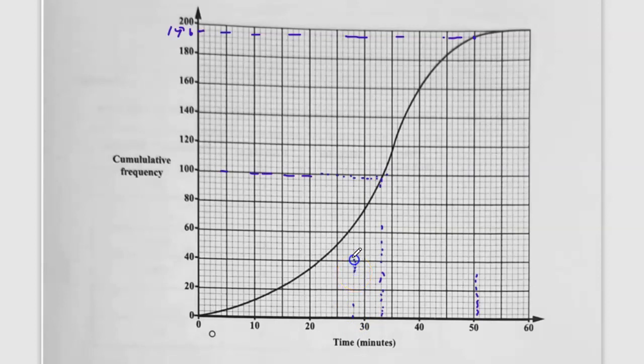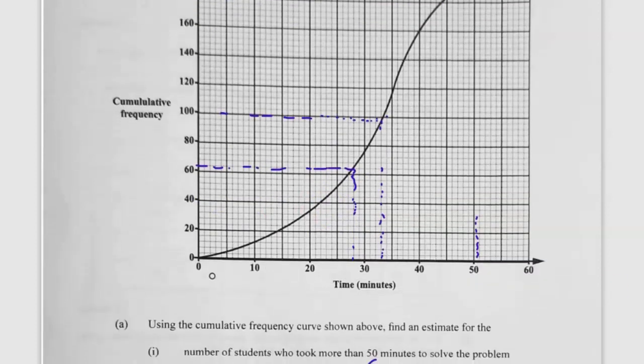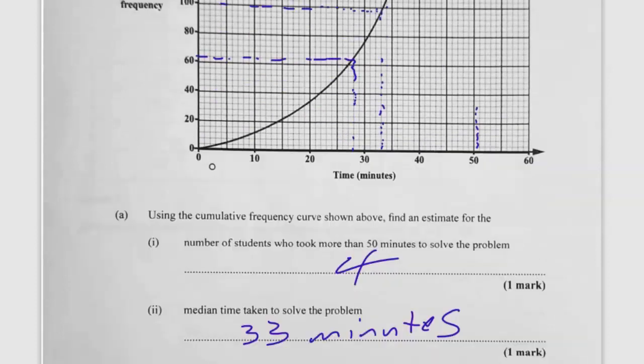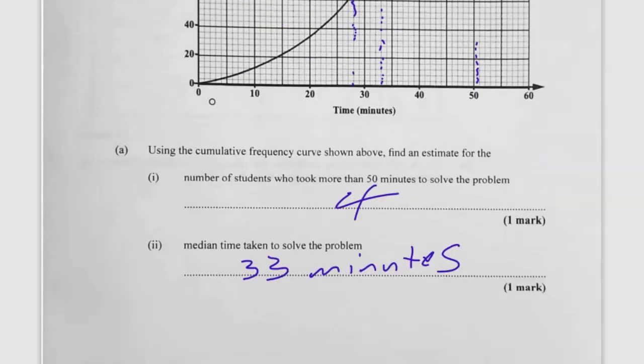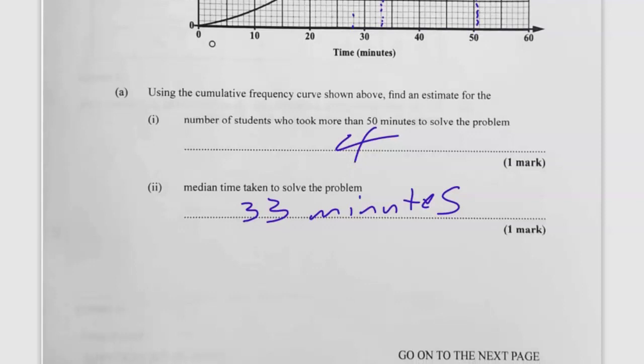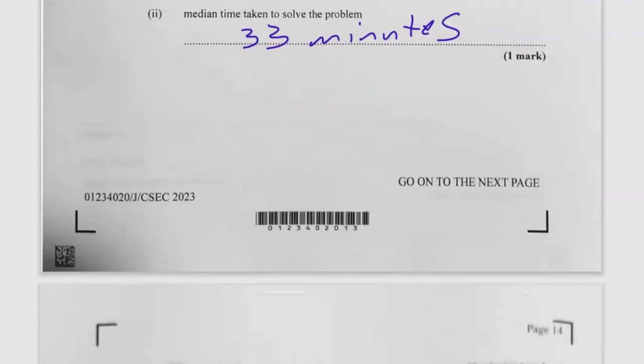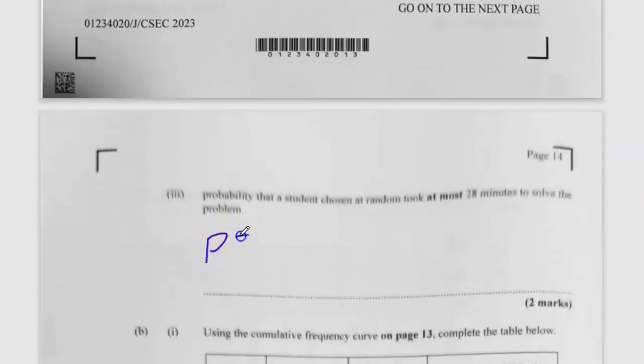Bring it up until you touch the curve, then go across. This seems to be 64. At most 28 minutes means 28 minutes or less, and that's 64, so the probability would be 64 out of the total of 200 students.